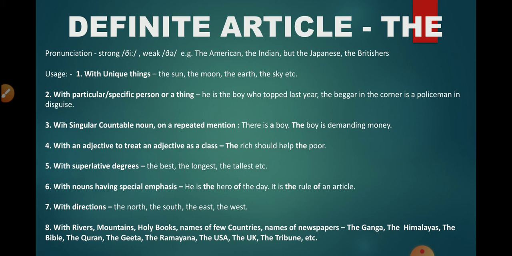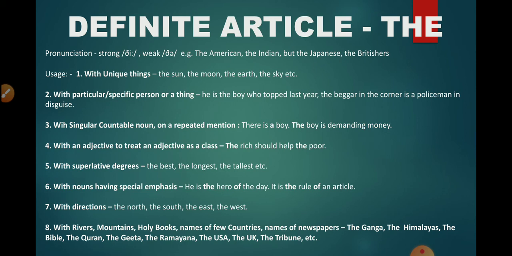And if we cut off the prepositional phrase or additional information which gives a particular identity to a common noun, we must treat it as a common noun, and before a singular common noun we would use a or an rather than the. Fine. So this was an important rule, the second one, that with a particular or specific person or thing we use the.